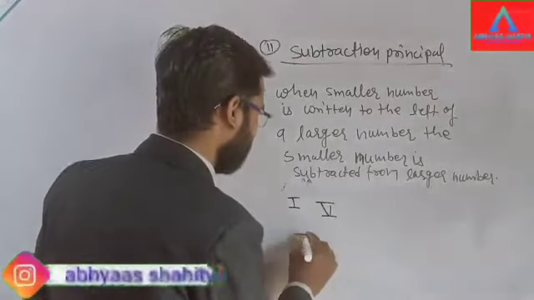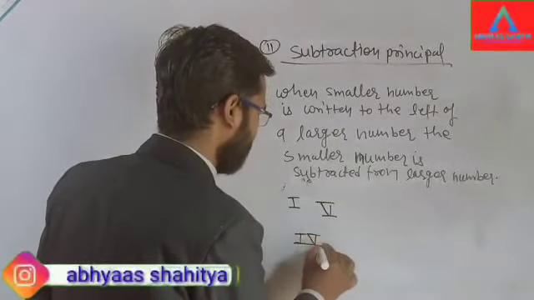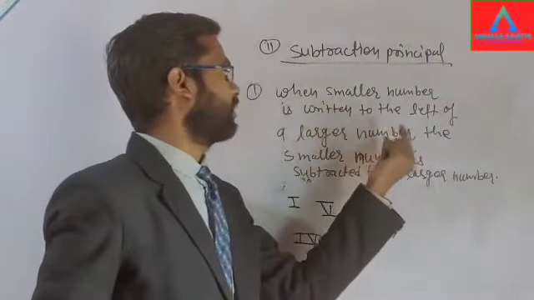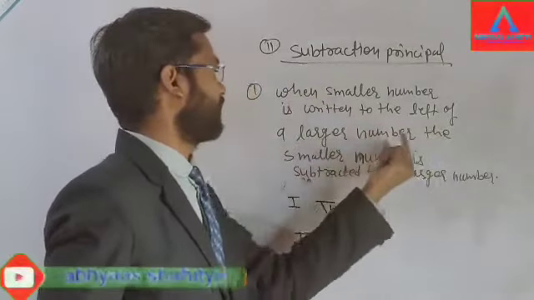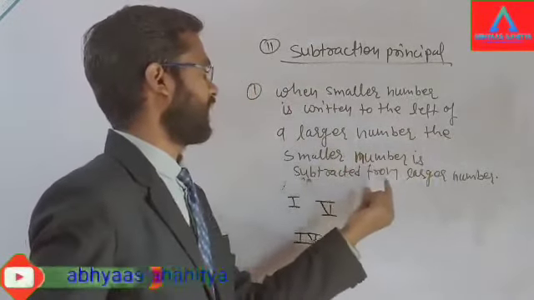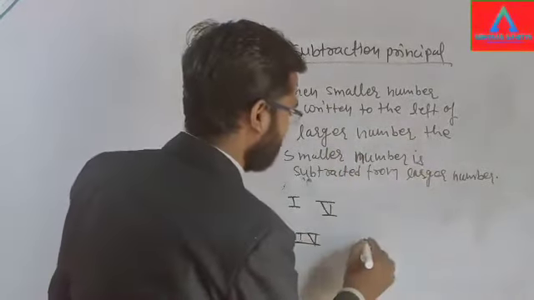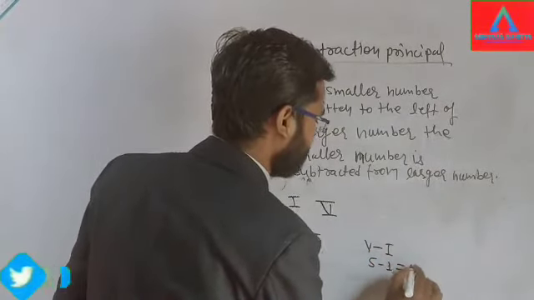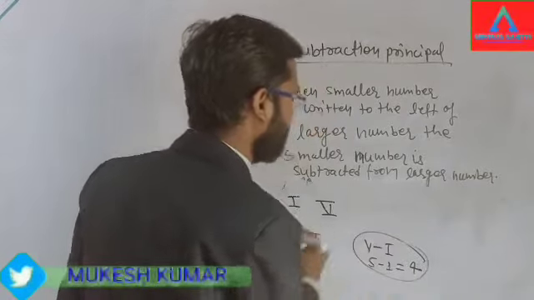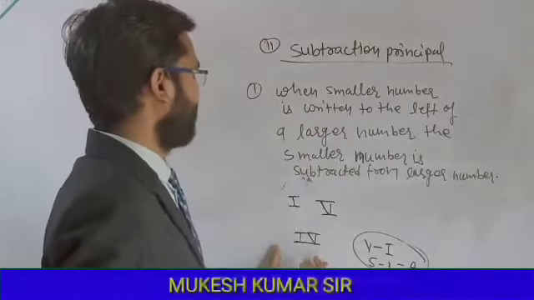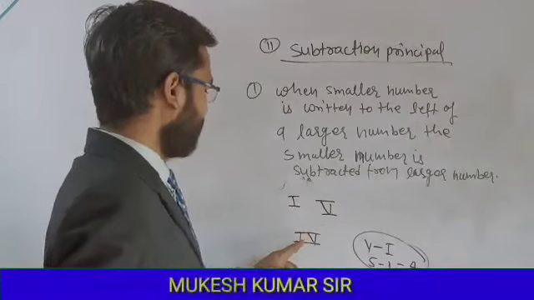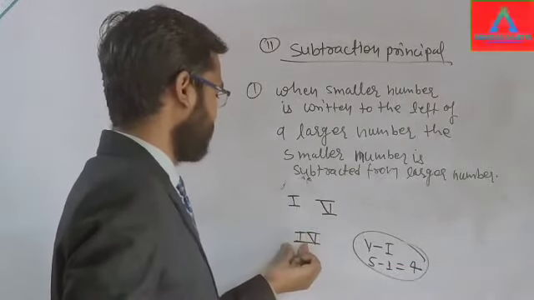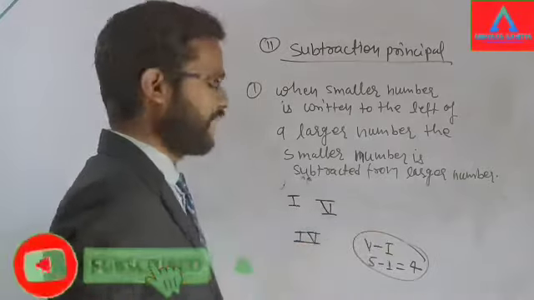So when I write IV, according to the definition, the smaller number written to the left of the larger number is subtracted from the larger number. That means V minus 1, that means 5 minus 1, which is 4. It is very simple, you can write here: when a smaller number is written left of the larger number, the smaller number is subtracted from the larger number.